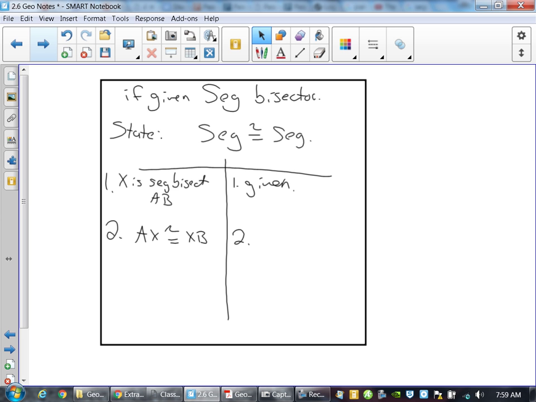And the reason? Well, what definition are we using? Segment bisector. What's going to happen a lot of times, guys, is that whenever you have a given statement that has a definition, the very next thing you're going to do is use that definition. That's how proofs work.